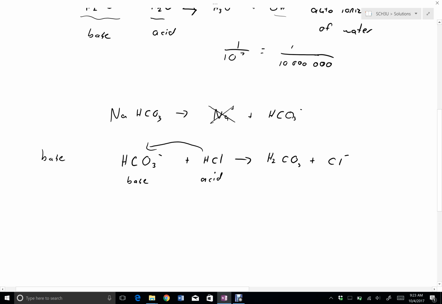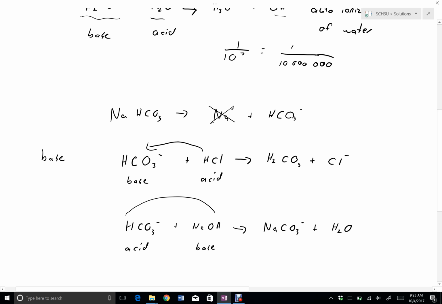If baking soda was in a solution with a lot of base, something like sodium hydroxide, then we could imagine that this bicarbonate could act as an acid, donating its proton to the NaOH, and it would form NaCO3 minus and H2O.